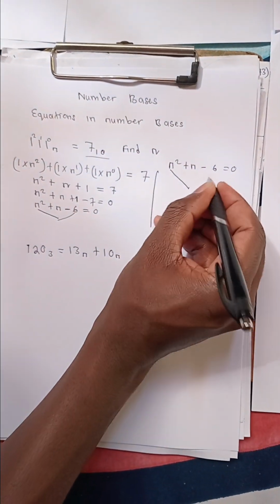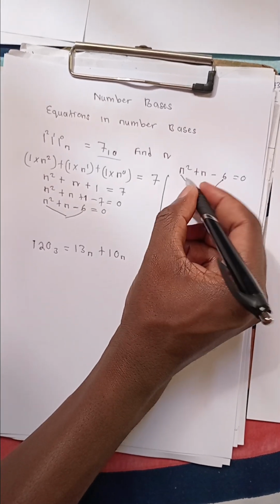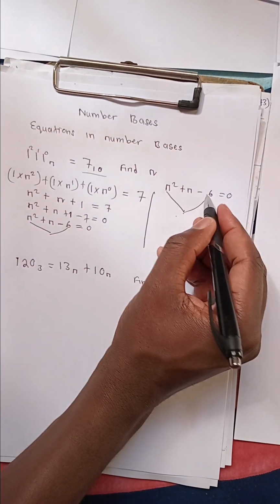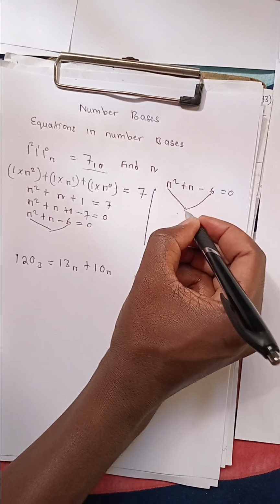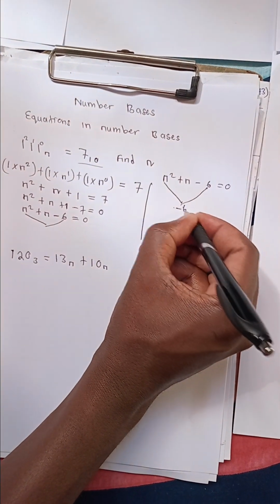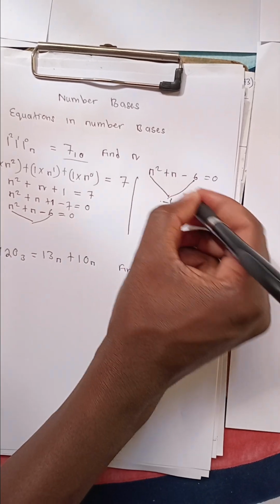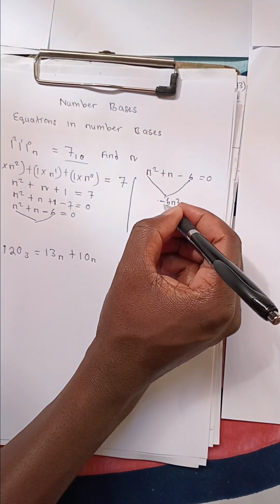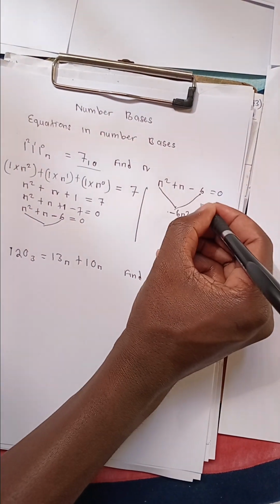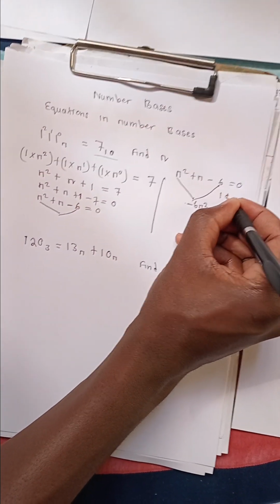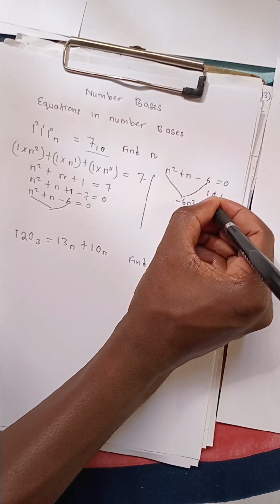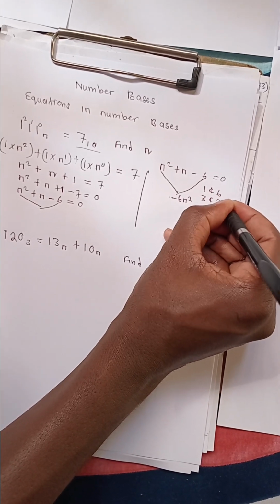So let's factorize. This is product and sum. We get n squared times minus 6, we get minus 6n squared. So we need two factors that if you multiply we get minus 6, and if you add we get 1, which is 1n. So we've got 1 and what? 1 and 6, 3 and what? 3 and 2.